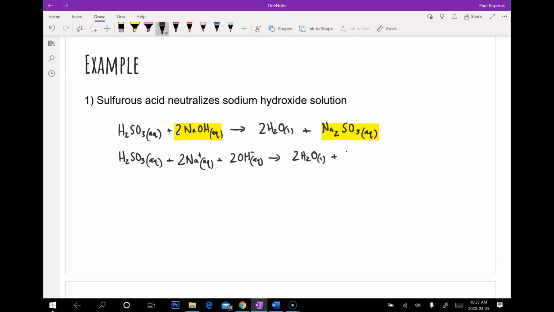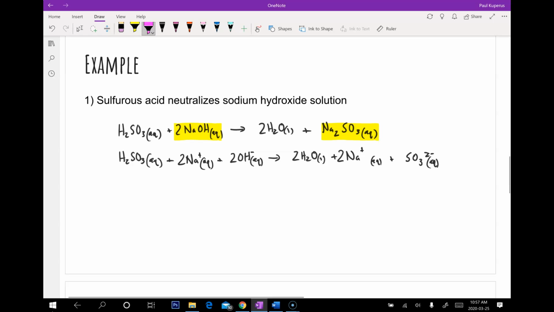Now, a common mistake is some people will write a subscript of 2. But if it's dissociating, we have 2 separate sodium ions, so I actually cannot write a subscript of 2. I have to put a coefficient of 2 to say that they are separated from each other. So 2 Na+ ions plus SO3 2- ions. So there is our total ionic equation.